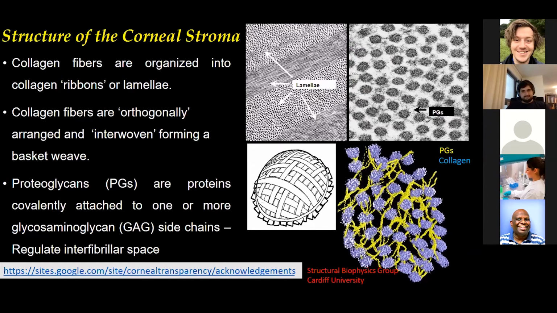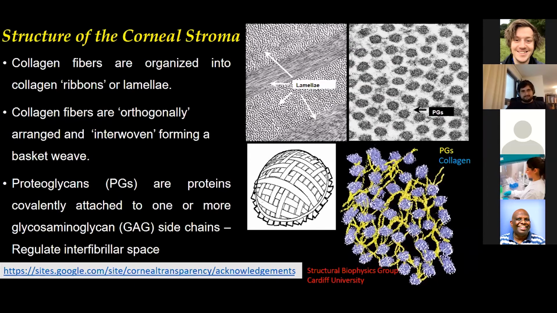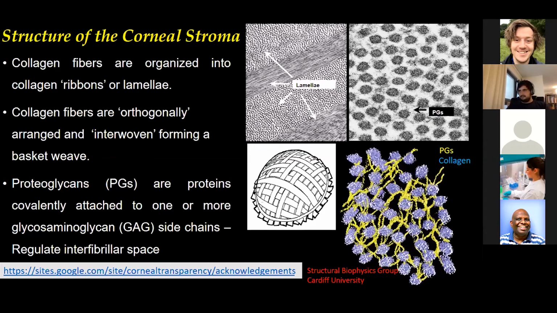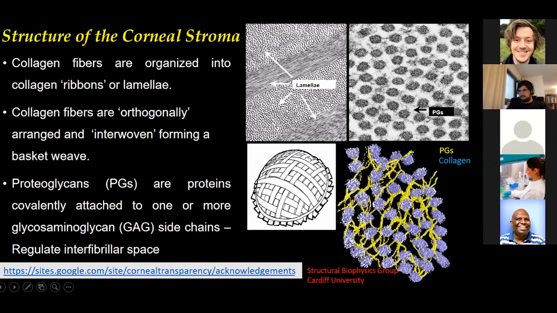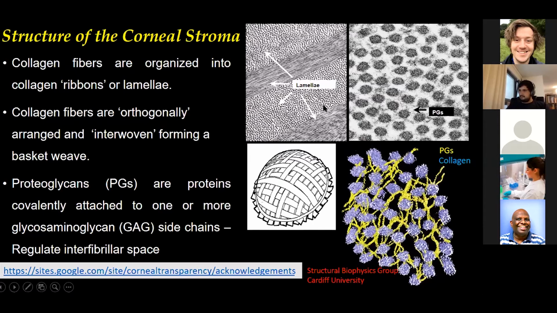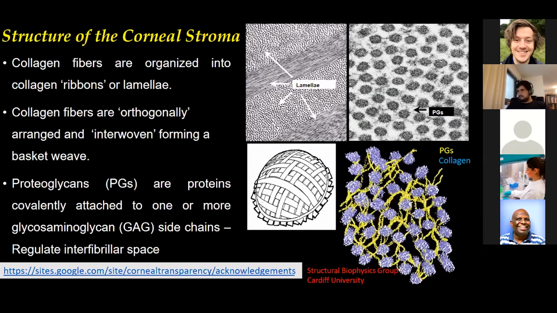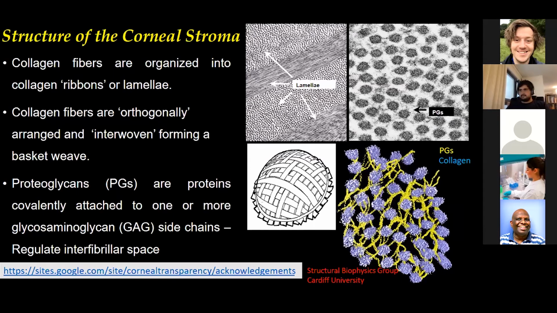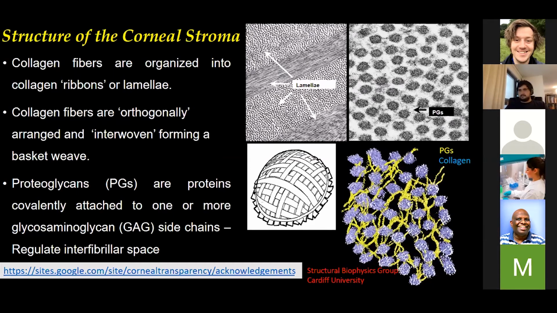So as I mentioned, the corneal stroma is probably one of the most important layers of the cornea, and this is because the structure of the stroma plays a critical role in the maintenance of corneal transparency. Here we can see these two pictures. They are transmission electron micrographs of the corneal stroma. The corneal stroma is mainly composed of collagen fibers that are organized into ribbons or lamellae.